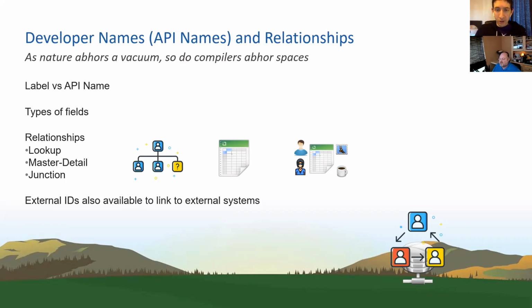And then junction, I think we touched on, but like you mentioned, those are for many-to-many relationships. The example I think of is if I have a job that I want to post, I might have an object for job and an object for job site. I might have a job that I want to post on many job sites, and on each job site, I want to have many jobs posted there.